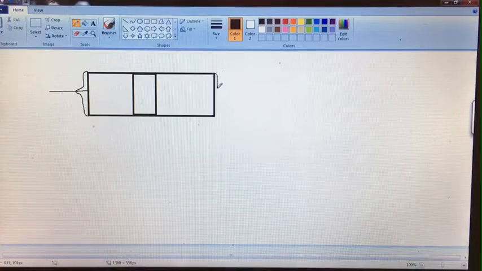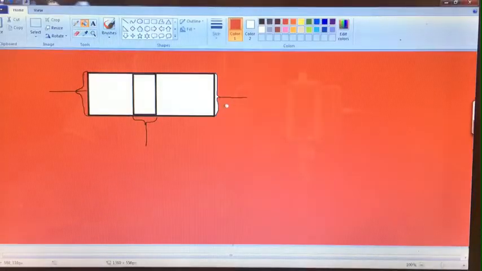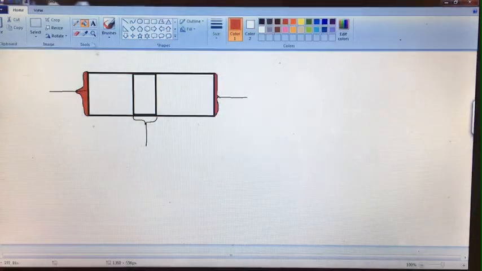In each semiconductor material devices, there is a metal contact provided for uniform distribution of the field. So that's why we use metal contact.